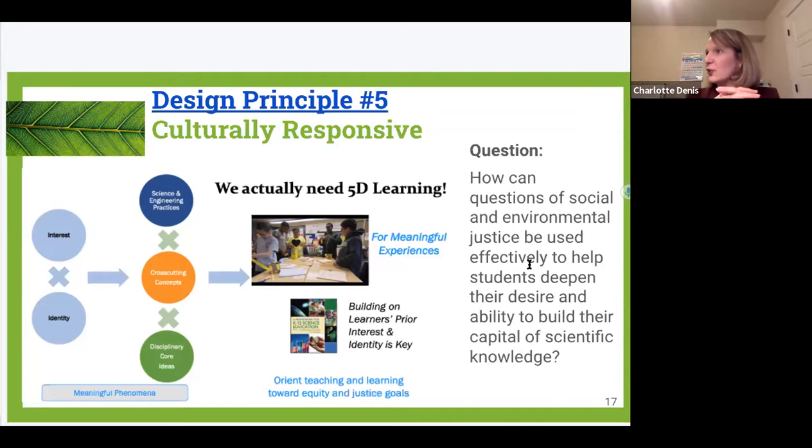So let's just take a look at the question, and I'm going to give you about a minute to think about that, and then we can have an opportunity to share. So the question is this: how can questions of social and environmental justice be used effectively to help students deepen their desire and ability to build their capital of scientific knowledge? So just take a brief moment to think on that.